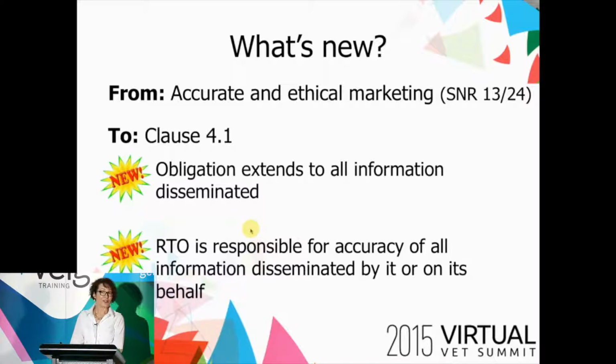Well, if we remember back to AQTF and SNR, we were asked, in that compliance framework, to deal with marketing and advertising in terms of it being accurate and ethical, as well as consistent with our scope of registration. In this standard there is only one clause in standard 4.1, and the difference here is that it's not necessarily about marketing and advertising in the confines of those two words and their meaning.